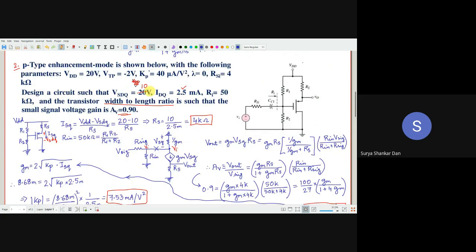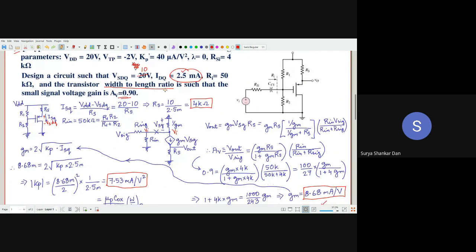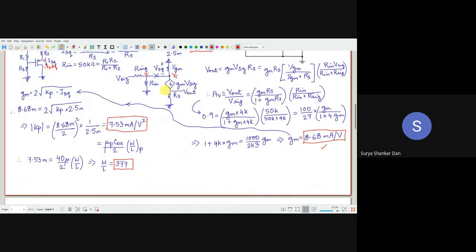Where is it? Look. They have written it in terms of IDQ, which is the same thing. Once you have got this 2.5 m, then you find the value of Kp. But remember, Kp is mu p Cox by 2 W by L. And this W by L ratio is what is asked for.